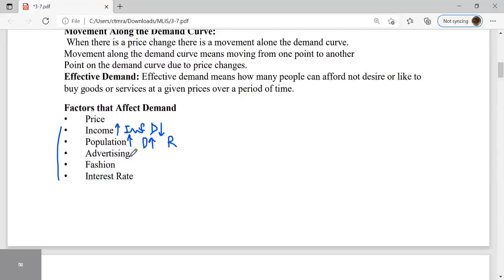Now something about advertising. Suppose there is an advertisement on health consciousness, like the government having an advertisement against sugar. Not in our country, but in many developed countries, the government spreads advertisements to discourage the consumption of sugar, because it's very unhealthy and people become obese.